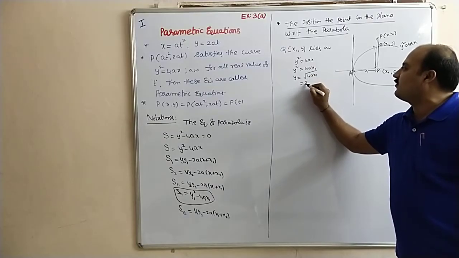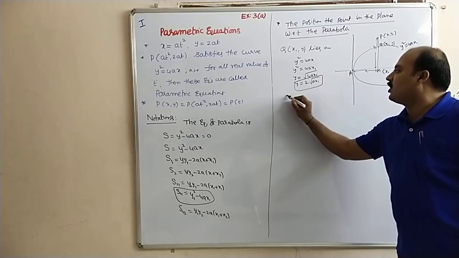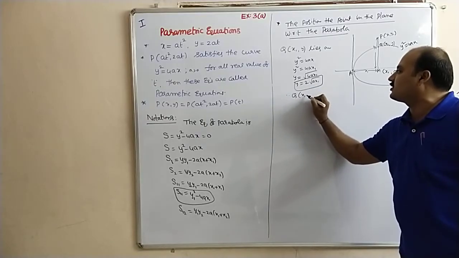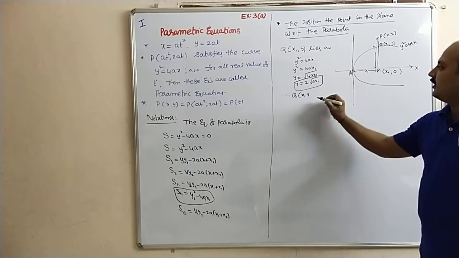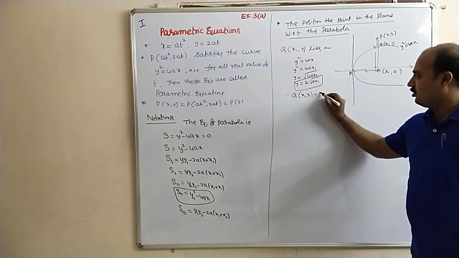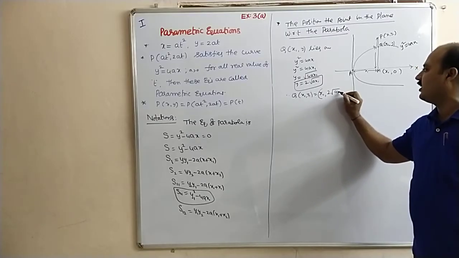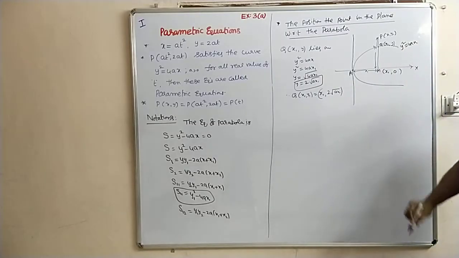Taking 4 outside the root, it is 2 root a x1. This is the value of y. Therefore the point Q is x1 comma 2 root a x1. This is about the point Q.